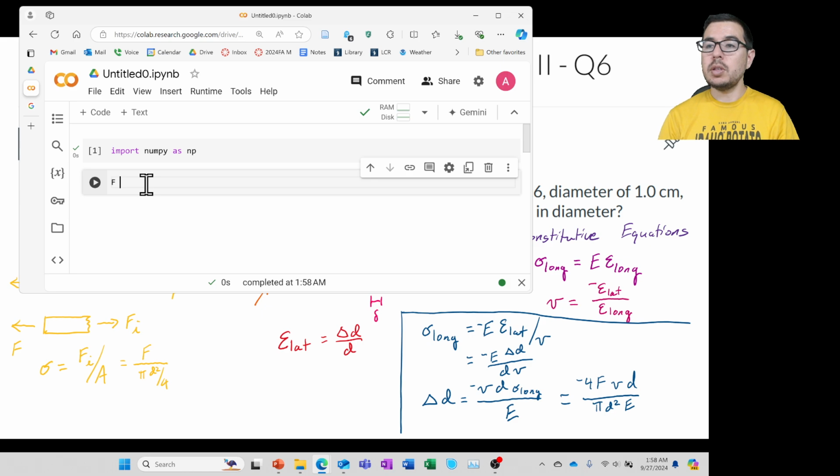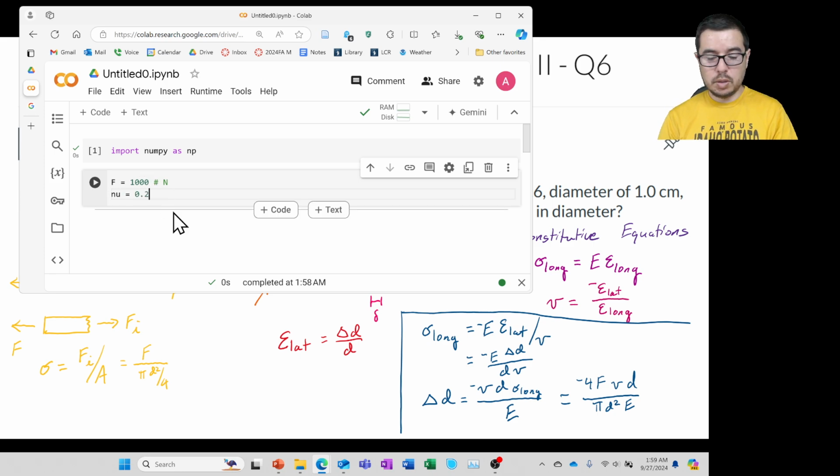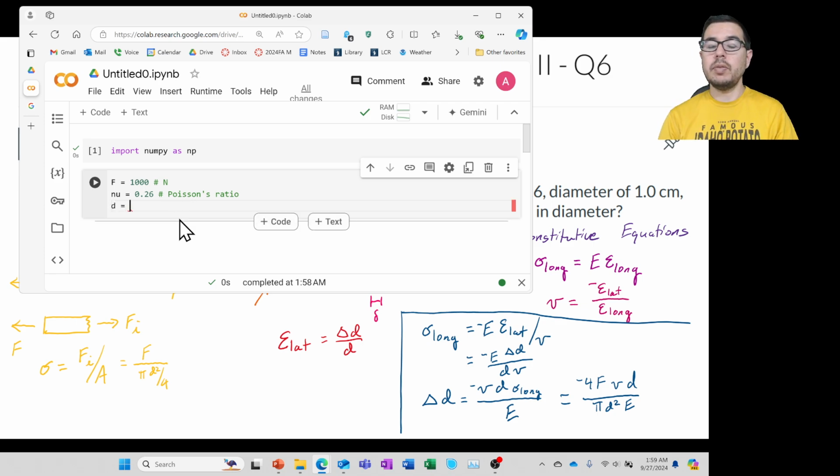We have a force that was given as 1,000 newtons, so I'll put that hashtag newtons. We have a nu, which is 0.26, and that's just a Poisson's ratio, so it's unitless. We have a diameter, which was given as 1 centimeter, but let's just do e to minus 2, and then that will give us units of meters.